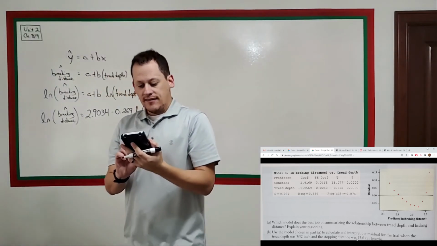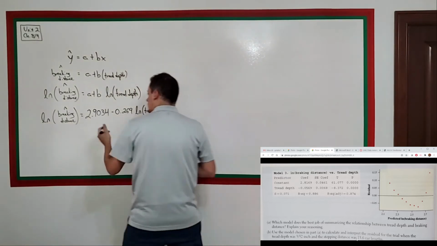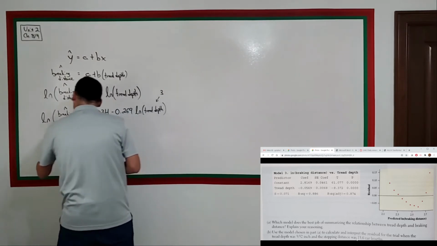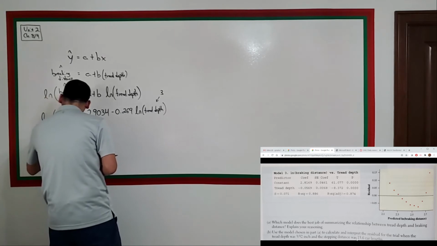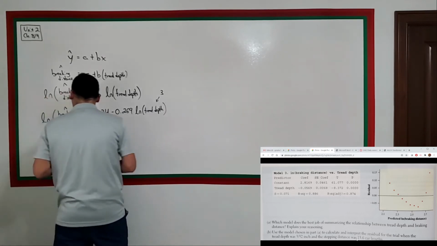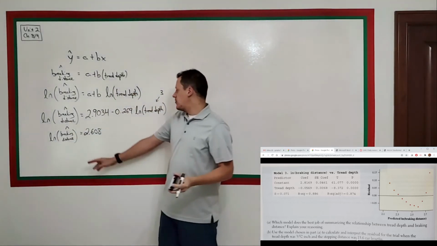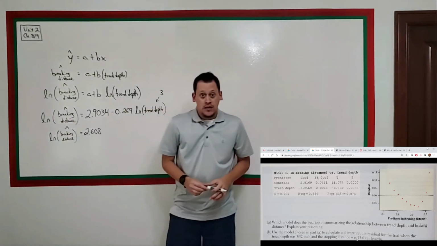Okay, and that gives me 2.608. So I get the natural log of my predicted braking distance is 2.608.